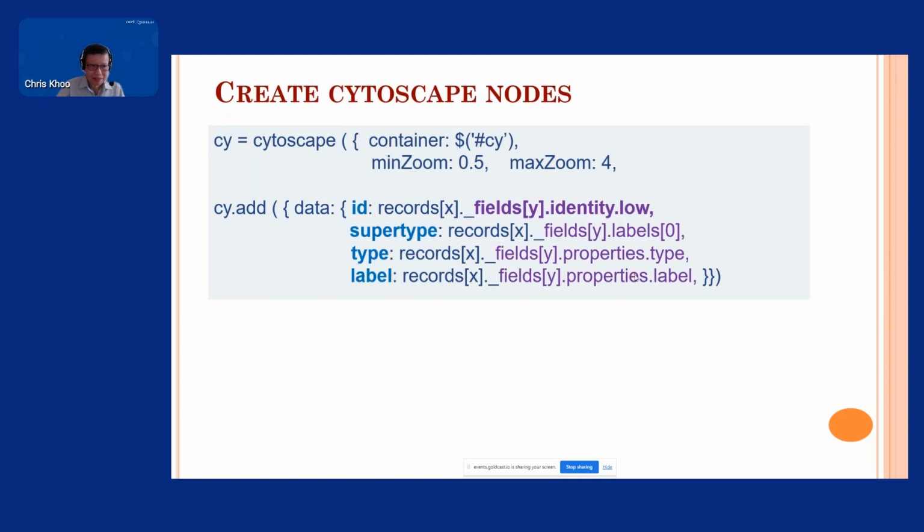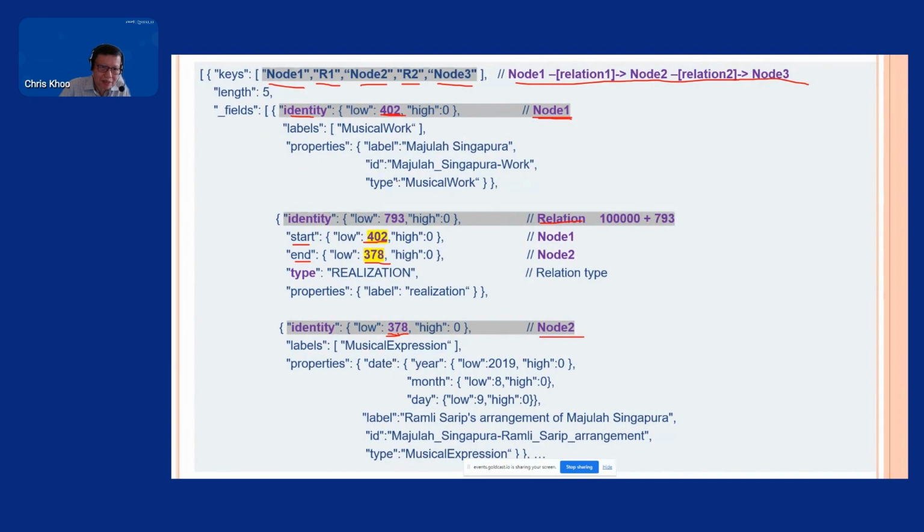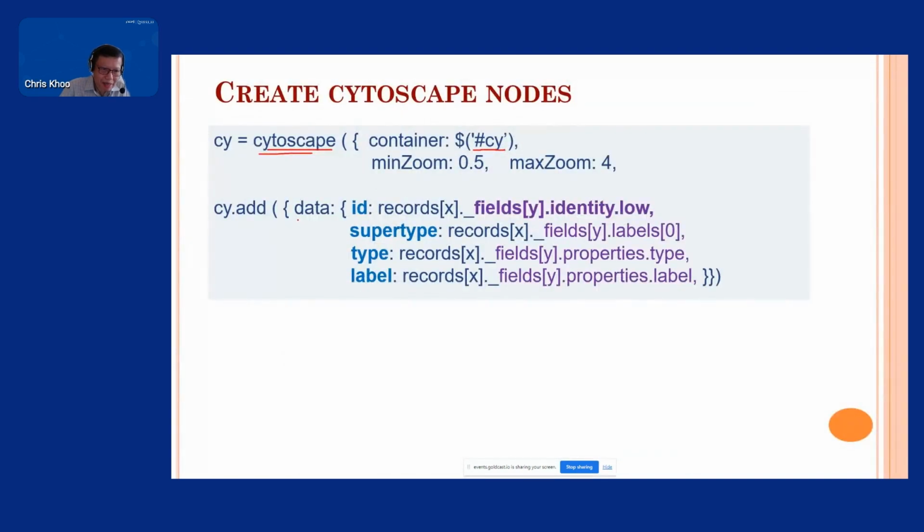Okay, then what next? Then I use the Cytoscape command to create a Cytoscape object. And this object will be associated with this HTML element with the hashtag CY. So this is a div tag, the display canvas that you saw earlier. And then to add a node, I have to map the data from here to Cytoscape. So I say add a node, add data, that means a node.